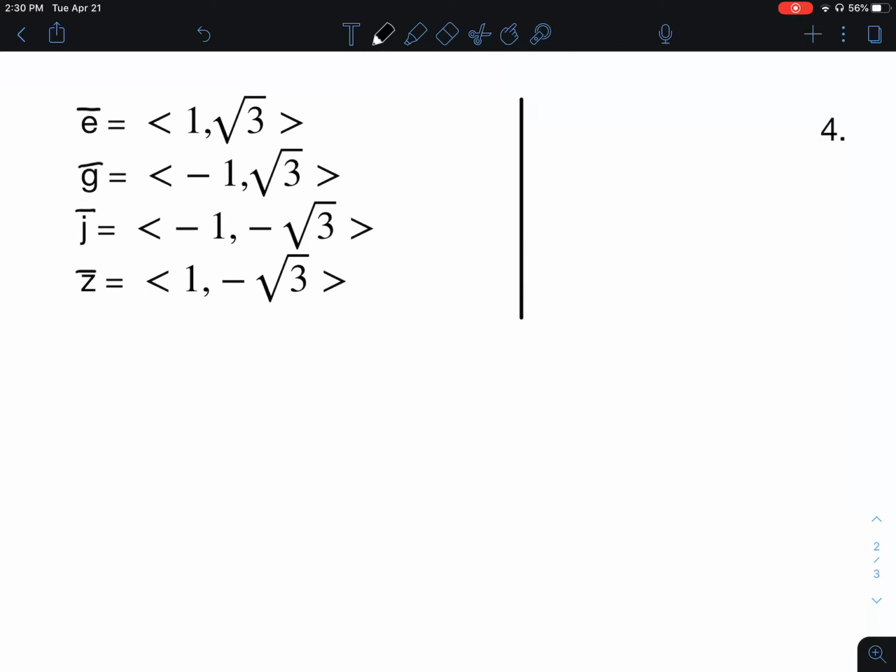Vector E. If we go to the right 1 and up the square root of 3 for vector E, this is going to be a 30, 60, 90. Draw a reference triangle. X is 1, Y is square root of 3.